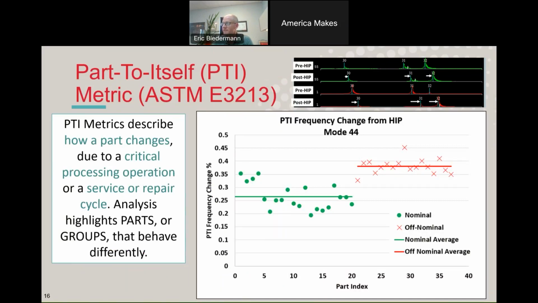And the part to itself data that we captured showed that the off-nominal components had a greater frequency change. So nearly all those parts had frequency changes that fell above the frequency changes for the nominal. And as a whole, the population averages were significantly different. So it demonstrated that the off-nominal parts did change more as a result of HIP than the nominal components did.